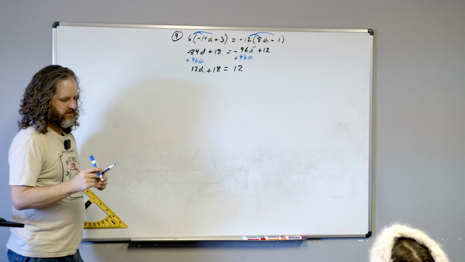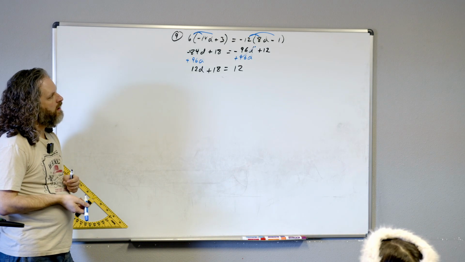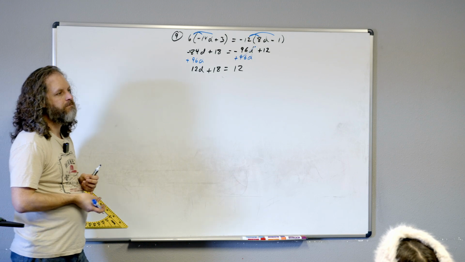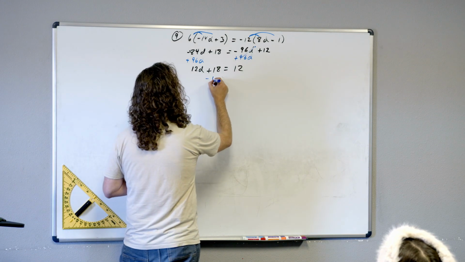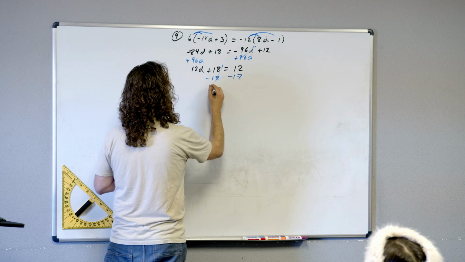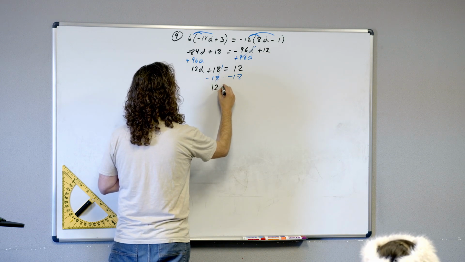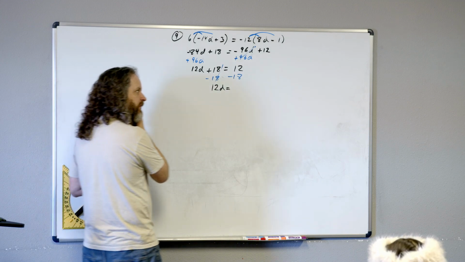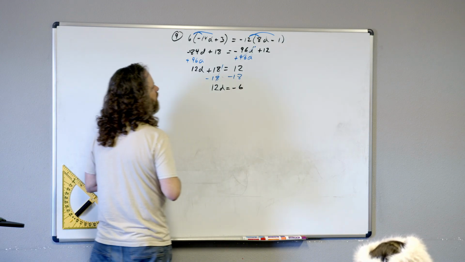Now what? Sounds good. How? So 12d equals, what's 12 minus 18? Negative 6. And then what do we do?